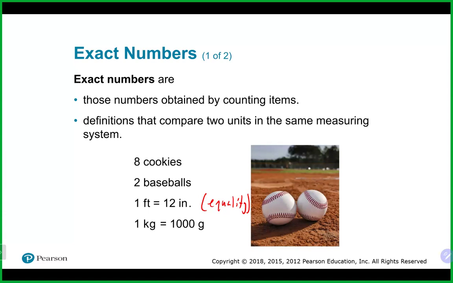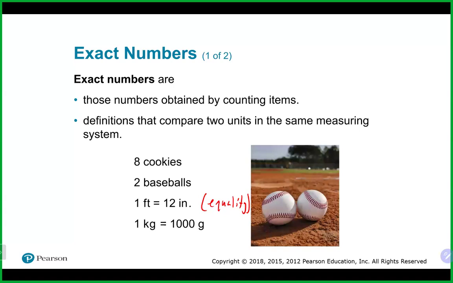So because of that, whenever you're doing a calculation that involves anything that's considered an exact number, we don't have to really consider its effect on the answer we're going to give. The only thing that we do have to take into account in our calculation is measured numbers that have a certain number of significant figures.